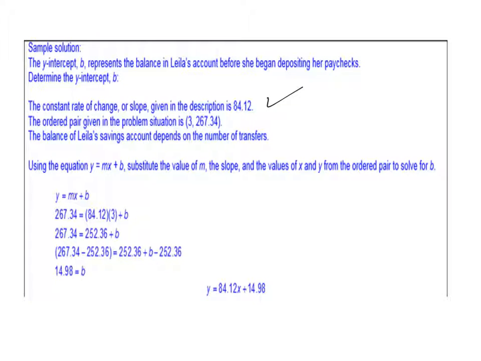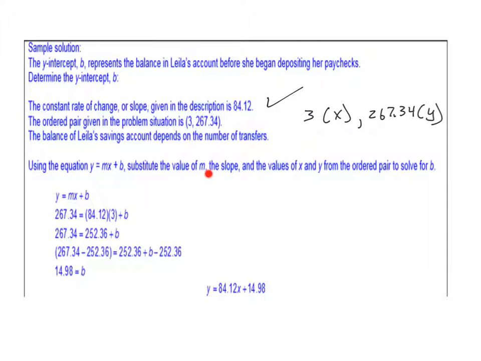This is our Y. So 3, the third month, is our X. And of course, the 267.34 is our Y. So the balance in our savings account depends on the number of transactions. Of course, we know that. So here we go with y equals mx plus b. This is our equation of the line.